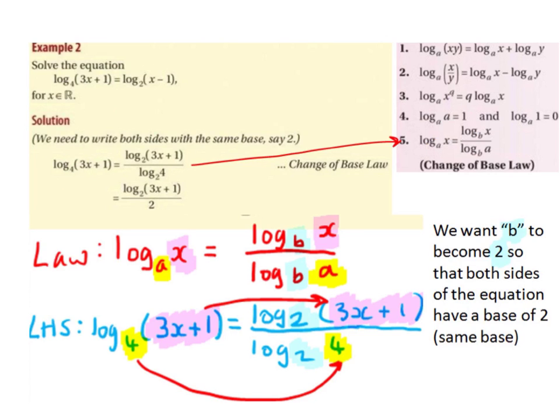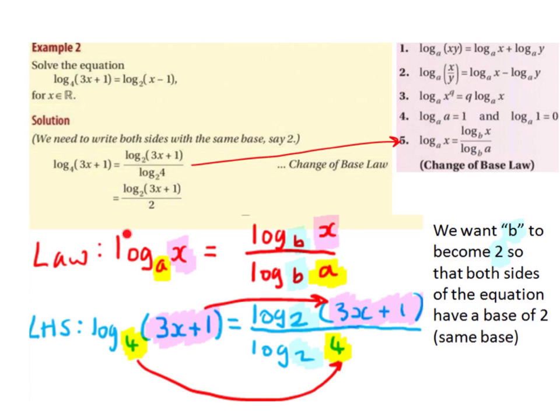a 2. So the 4 in this case is going to be the a in our formula. So we've got log base 4, and we want this 4 to become a 2. So ultimately it's going to be log base 2 divided by log base 2. But obviously we have to bring over the a part and the x part as well.